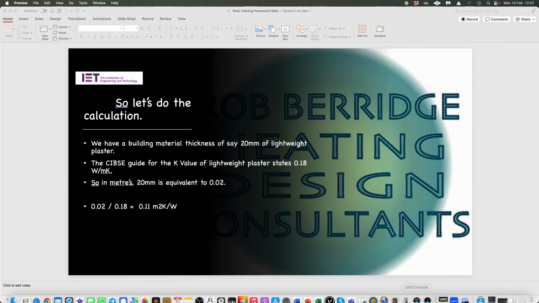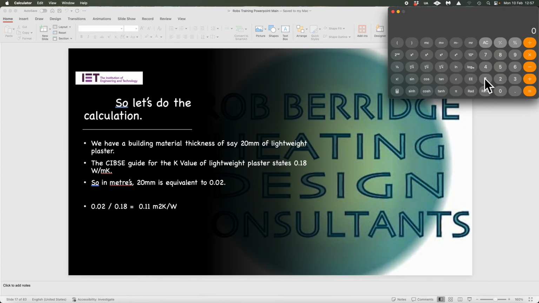So if we bring up our calculator, just so we can prove that this is the way forward and this is exactly right. So we're looking at a K value of 0.18. Now it was a thickness of 20 millimetres. So 20 millimetres in metres is 0.02. So the equation is going to be 0.02 divided by the conductivity, and it gives us 0.11 of resistance.